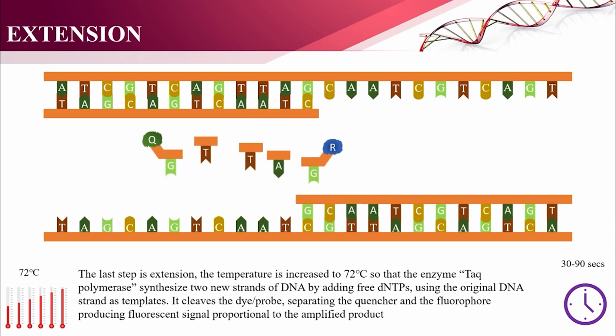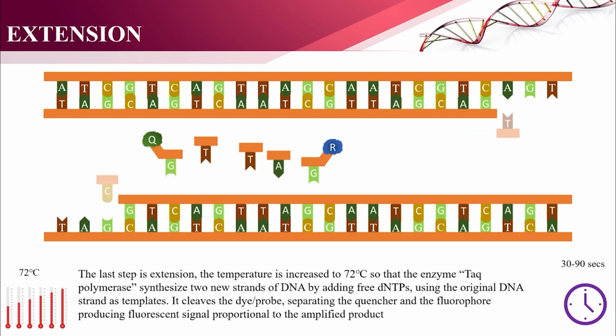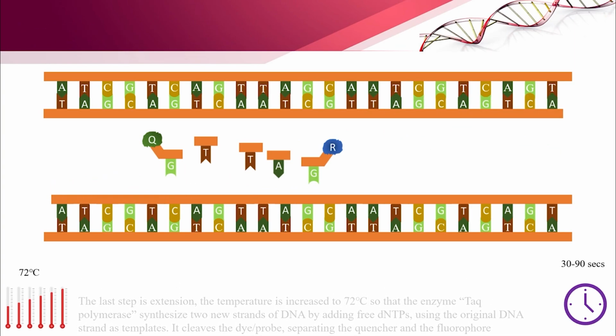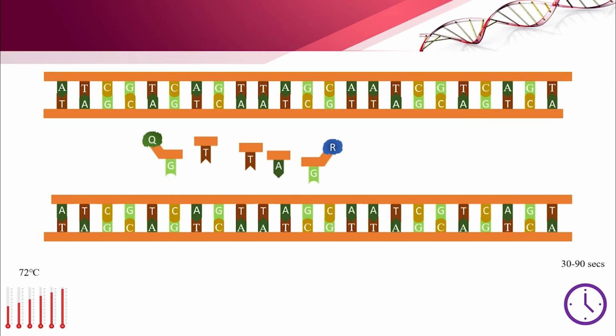You can see, during the extension the probe cleaves, separating the quencher and the fluorophore. As I discussed before, the fluorescent signal will now be, I mean the fluorophore will emit the light, so that it can be detected by the machine.